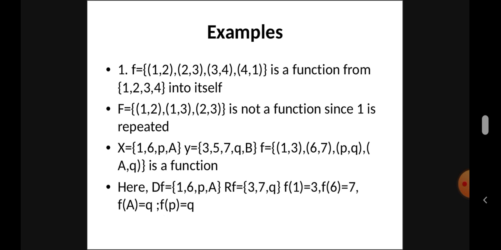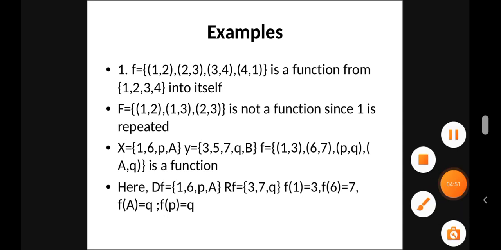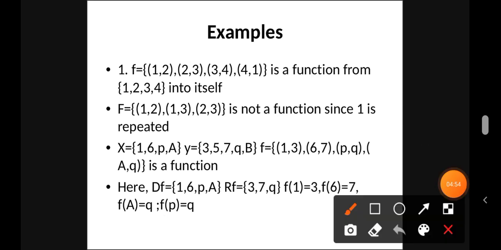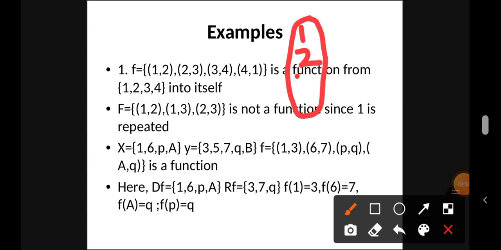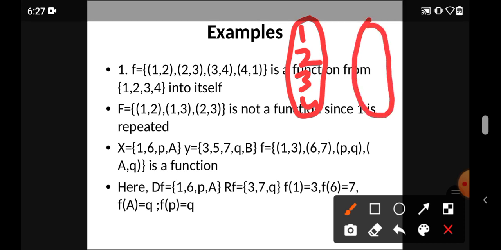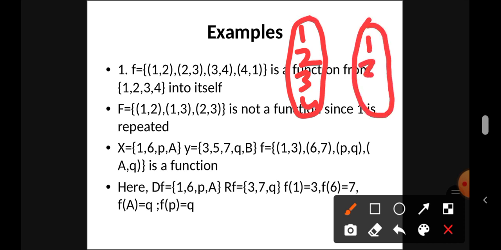See here we have a function on 1, 2, 3, 4 and we are taking a relation to itself: (1,2), (2,3), (3,4) and (4,1). This is the relation. So here we can say it's a function.